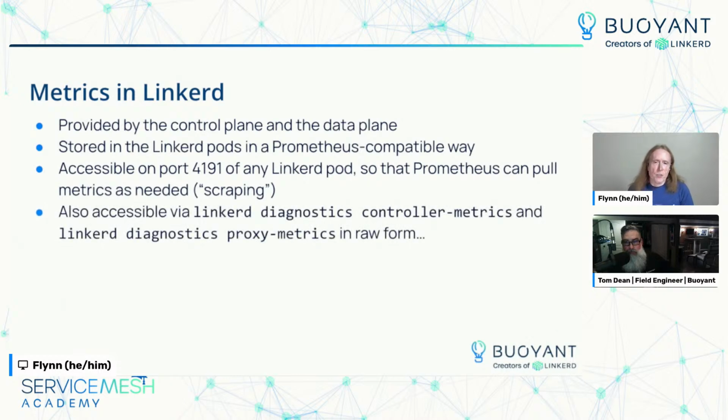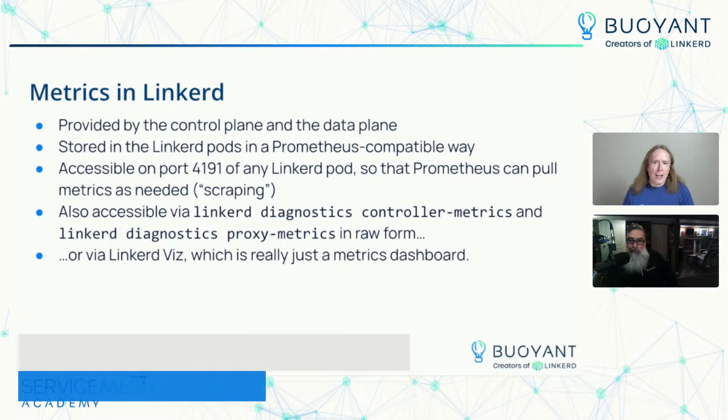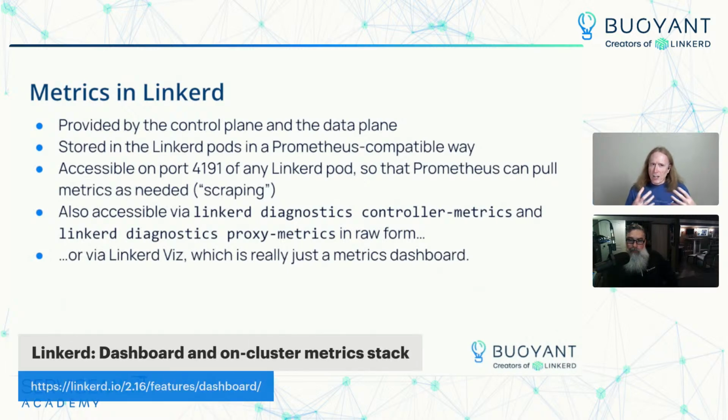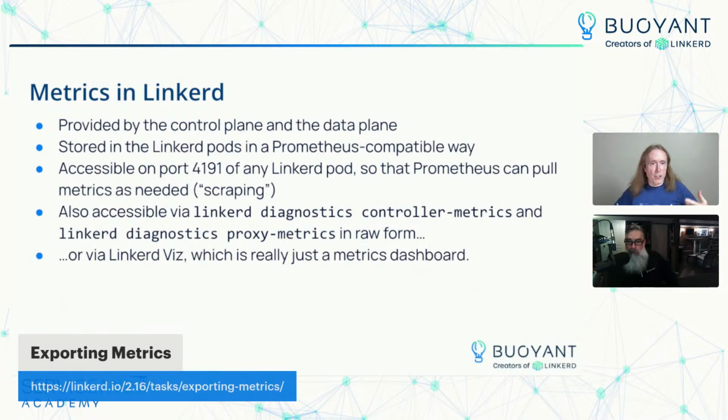You can get to these with the Linkerd diagnostics command in a couple of ways. We're going to do that. You can also get to them via Linkerd Viz, which is really just a metrics dashboard. I don't think I have a slide that specifically talks about this, but the other piece is that after they get into Prometheus and Prometheus builds the time series, other tools get to query Prometheus to do things like we were just talking about with the queries.